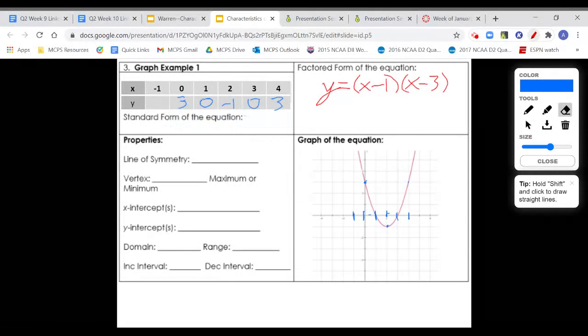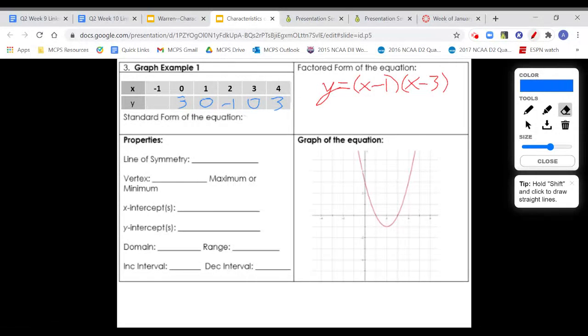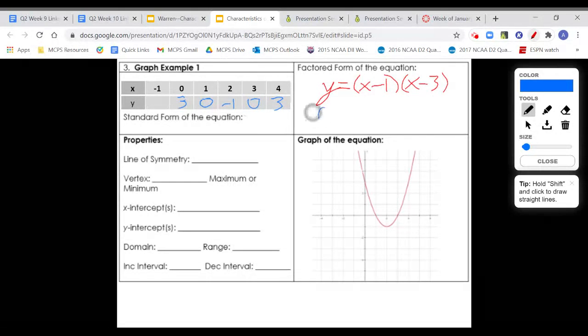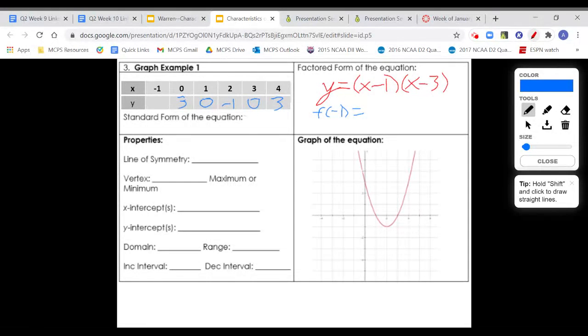Now, we have to go back and find the very last value that we weren't able to find on the graph. If you were asked to find a point and you can't see it on the graph, what you're going to do is go back to the equation and plug in this x value. So I want to know what the value of the function is at -1. So what is f of -1? In other words, the value of this function when x is -1.